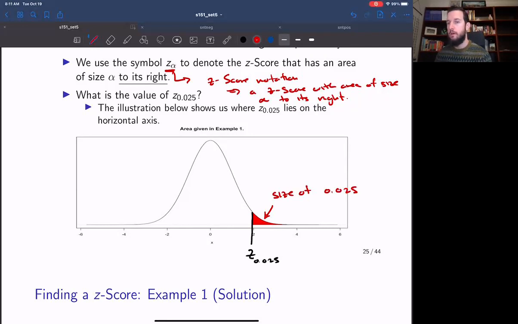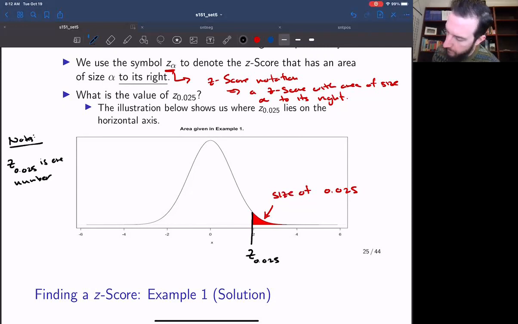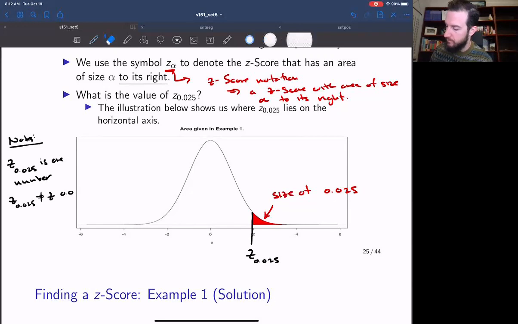Right? So the subscript notation does not represent, so for example, this is one value. Z subscript 0.025 does not equal Z times 0.025.